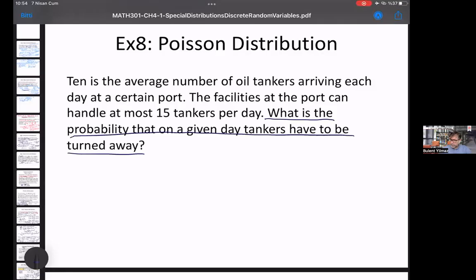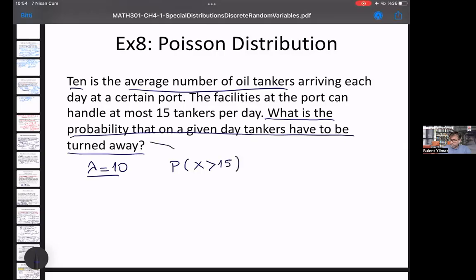What is lambda here, guys? Hocam, isn't it 10? Lambda is 10, right? 10 is the average number of oil tankers. What is being asked? The probability of X being more than 15, right?